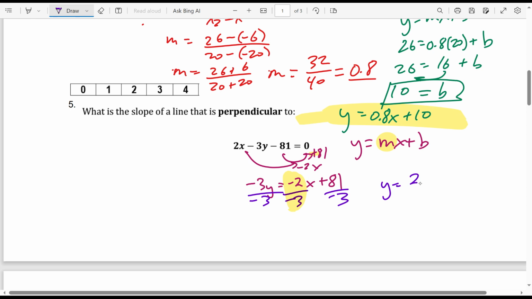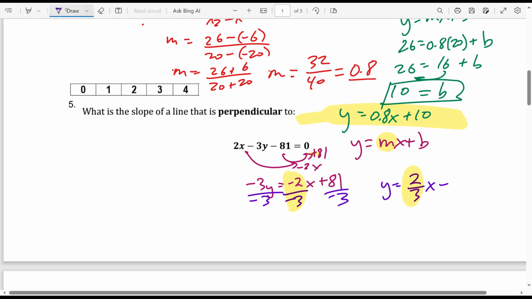So y is equal to 2/3 x. And again, I'm not even going to write it down because I really want you to focus on the fact that the total purpose of rearranging was so I can get it in this format where y is all by himself. 2/3 x minus 27, or negative, oh my God, sir, I did it backwards. Okay? So I'll put that there anyway just to finish it out.